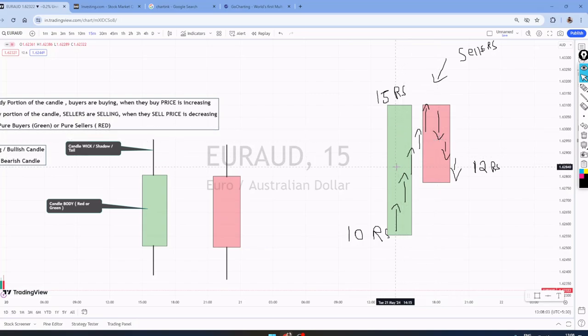Now, let's say everything is happening in a 1 minute time frame. The move from 10 rupees to 15 rupees, let's say it took 5 minutes. The Indian market opens at 9:15 a.m., and 9:20 a.m. is the first 5 minute candle, right? That is this candle.